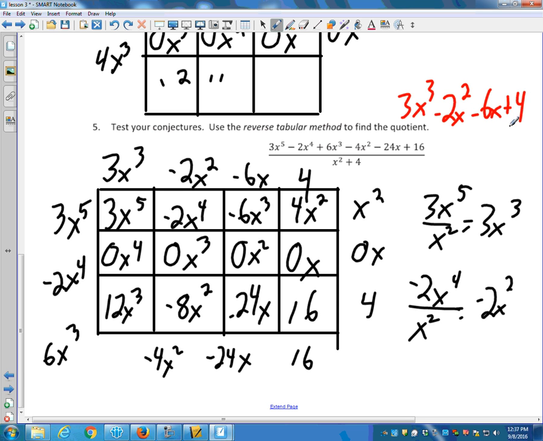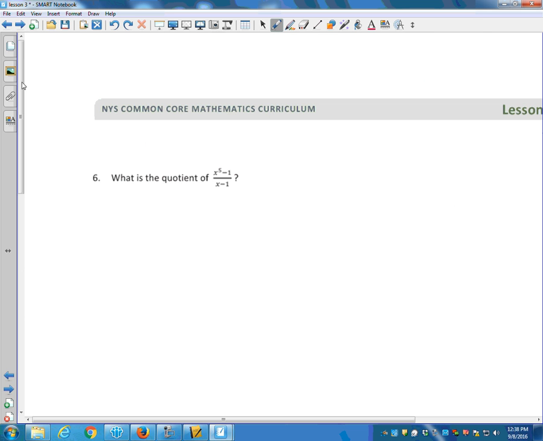Okay, so I got 3x to the third minus 2x squared minus 6x plus 4. Hopefully you got that as well. Let's move on to number 6. How many rows? How many columns?